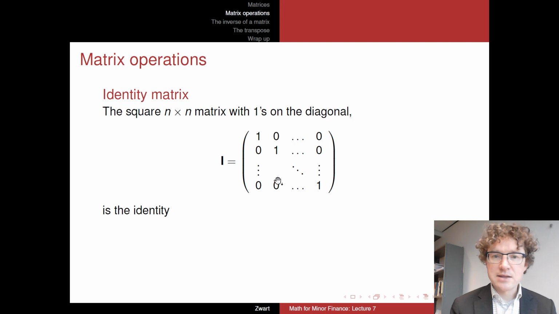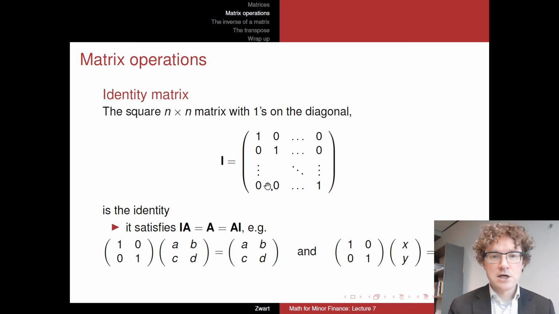And identity means that there will be ones on the diagonal, so this is obviously the diagonal, and zeros off the diagonal. So we call that the identity. So why is that the identity? Well, if you multiply any matrix with this identity matrix, with this I, then it remains the same, whether I multiply it on the left hand side or on the right hand side.